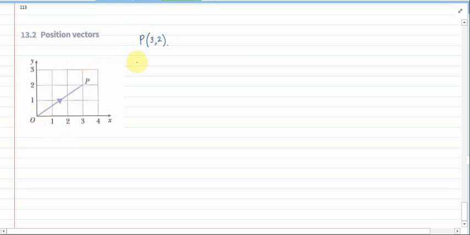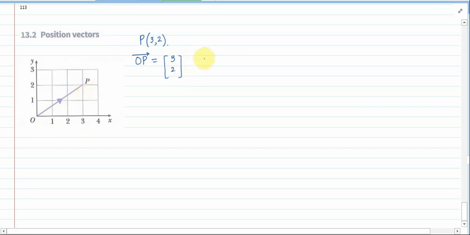So in terms of vector, I'm saying that it's a vector OP, and the position on the x-axis is 3 and the position on the y-axis is 2, right? And you can easily observe it on the grid as well. So that is your vector OP. On the x-axis it has 3 units, on the y-axis it has 2 units.